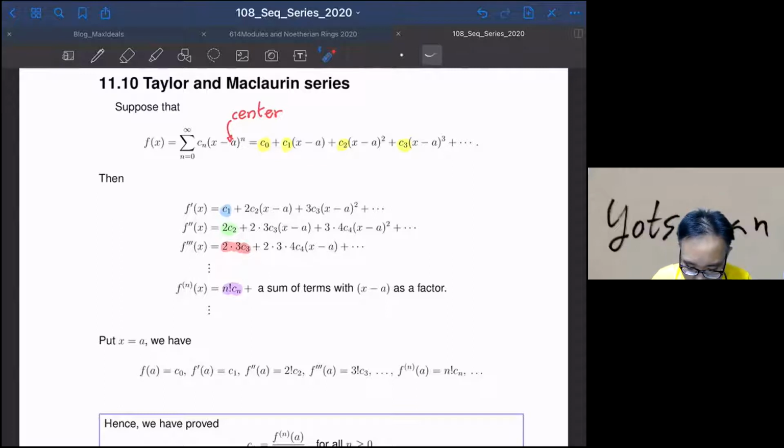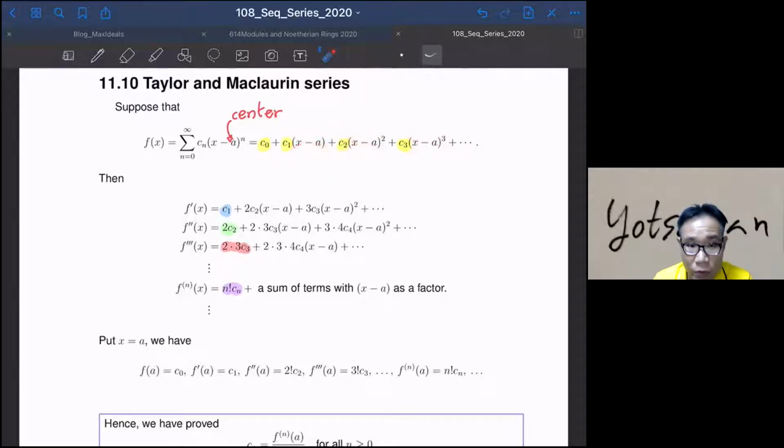When you plug in x equal to a on both sides, you get a minus a, a minus a squared, a minus a to the third, and a minus a is 0. So those terms disappear.